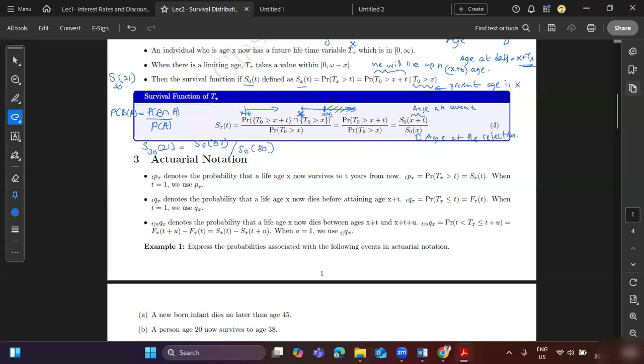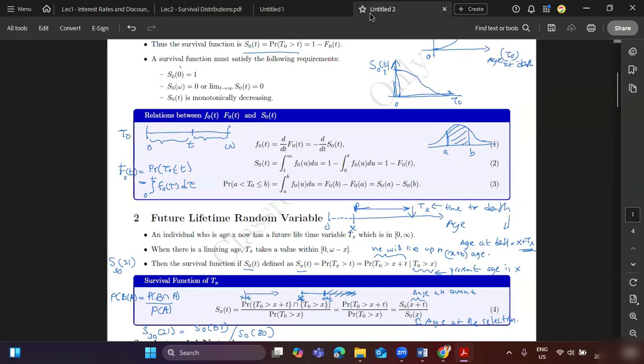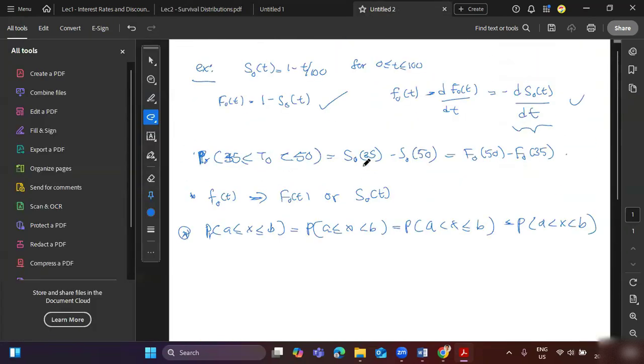And if we use the same probability for the density function we used in this example, and we want to calculate this probability, then I can say S 0 51 over S 0 30, and for the numerator we have this one, and for the denominator we have this one.